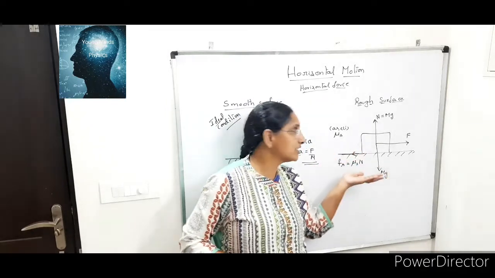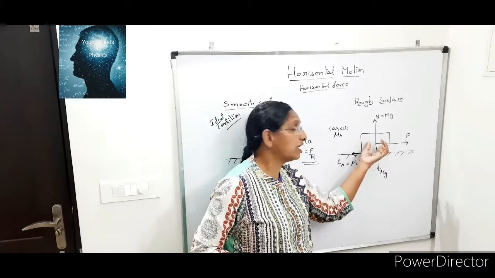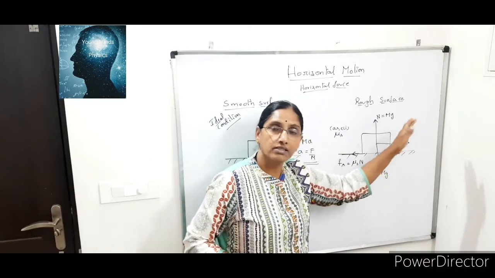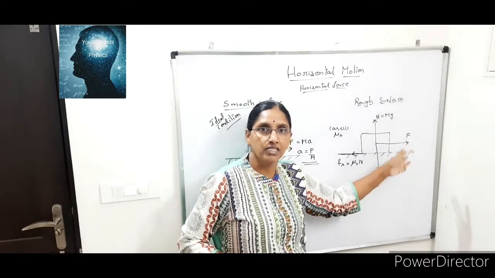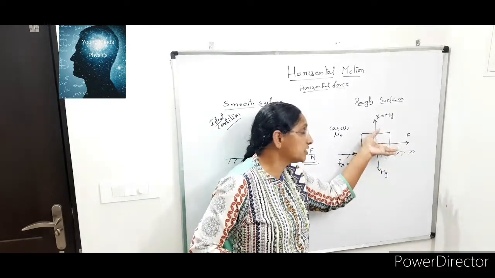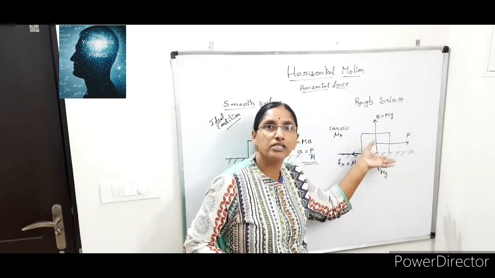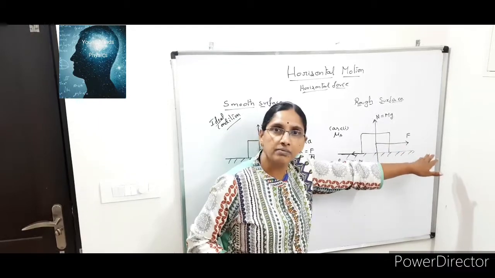It is not necessary that on a rough surface, when you have a heavy body and apply some force, it starts moving. The force should be sufficient to make the body move. Why do you think the body is not moving even though you are applying force?